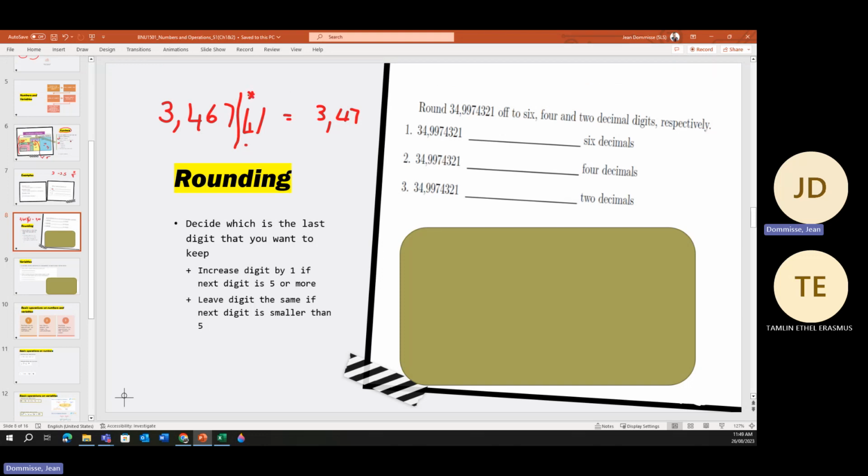We look at the fourth decimal. In this instance, it was 4, so it is 4 or below. We'll keep the same. If we needed to round to 3 decimals, we would have kept it the same, 3,467.